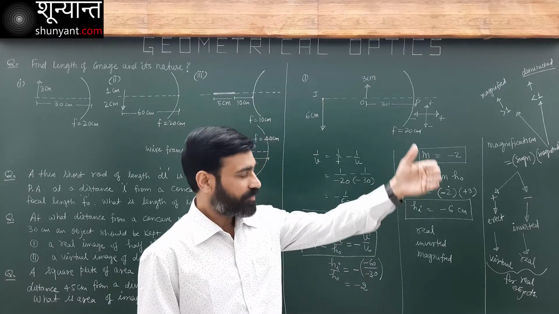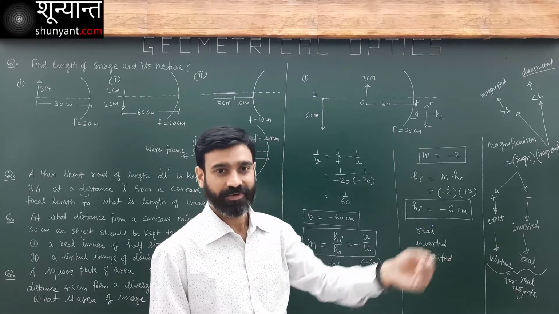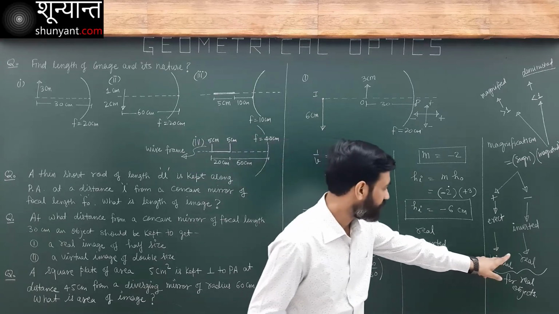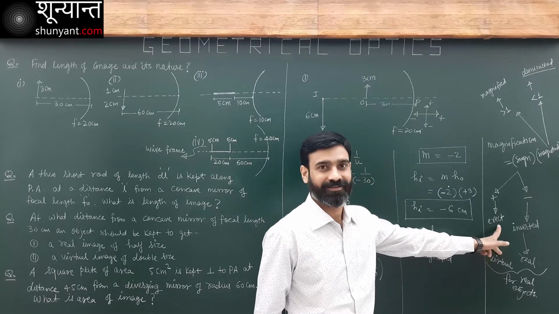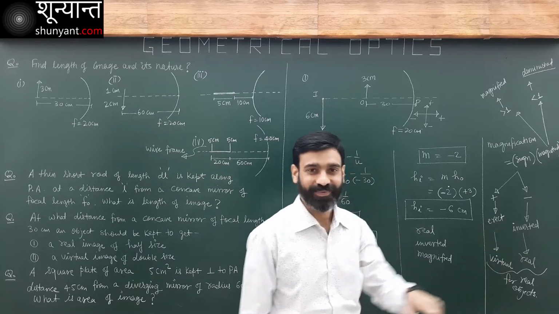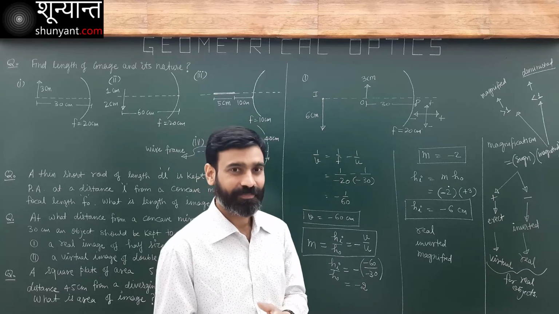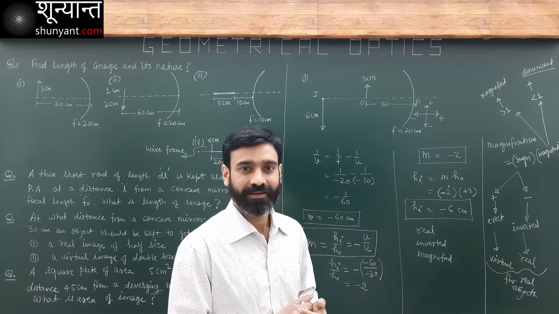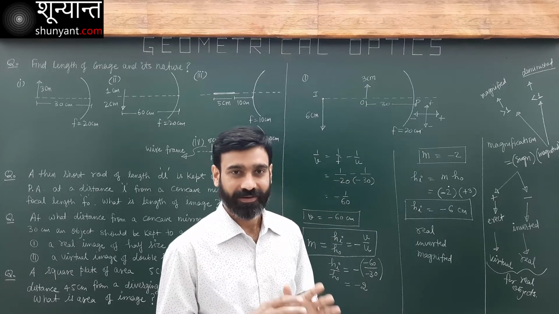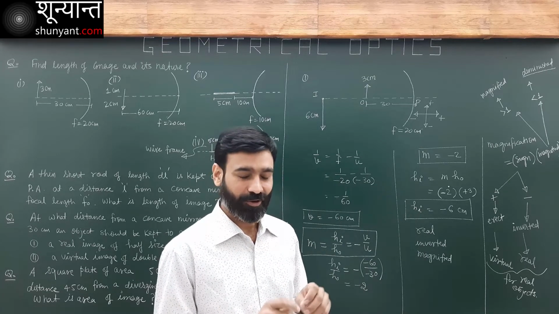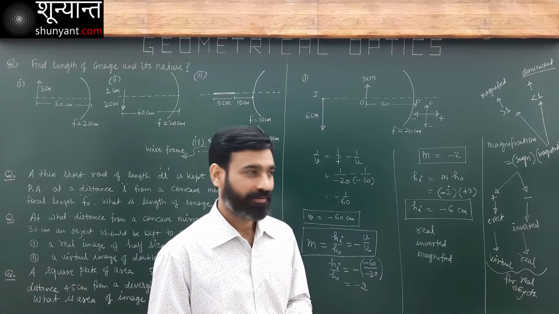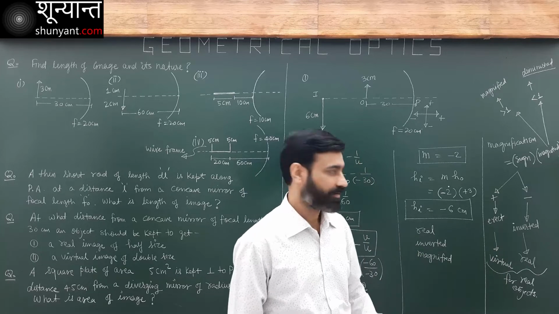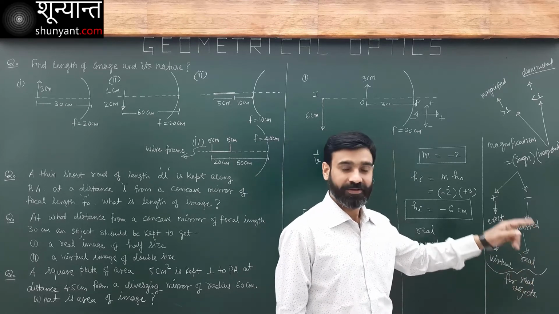You stand in front of a plane mirror, what type of image do you get, real or virtual? It is a virtual image, and a virtual image is erect. It always happens. It happens in the case of a plane mirror, it happens in the case of spherical mirrors, and it also happens in the case of lenses. If my object is real, a virtual image is always erect, and a real image is always inverted.